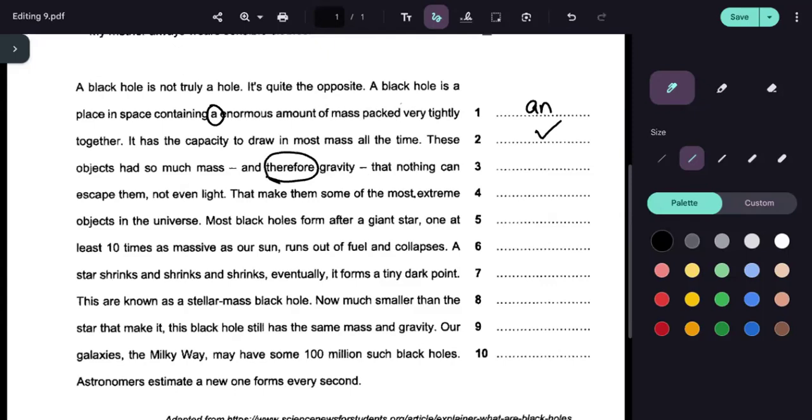"Therefore" is wrong. "These objects have so much mass and the gravity that nothing can escape them, not even light. That make them some of the most extreme objects in the universe."